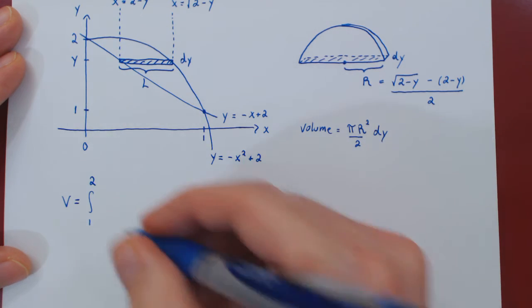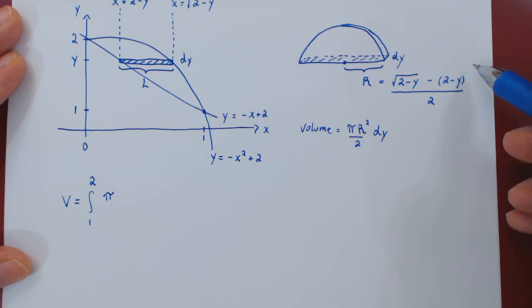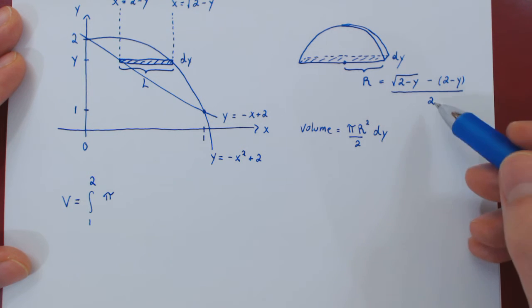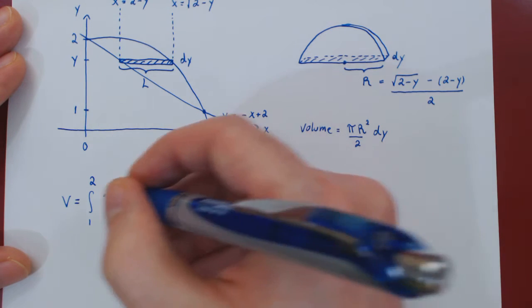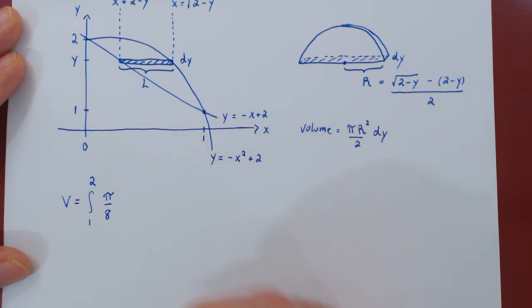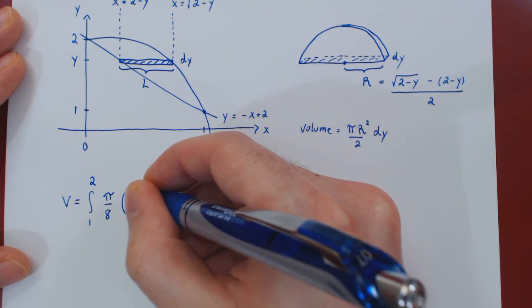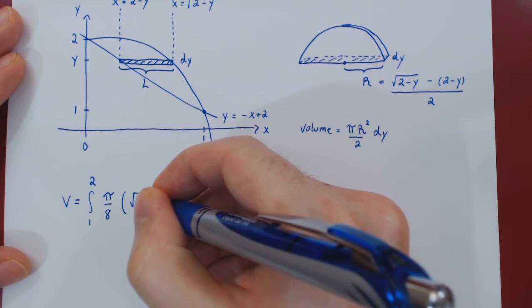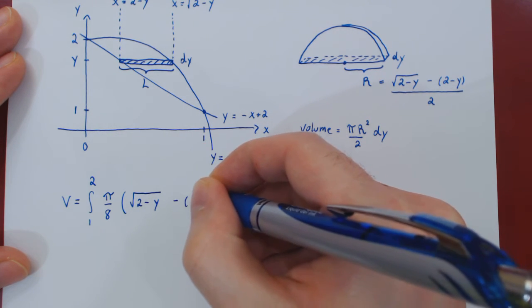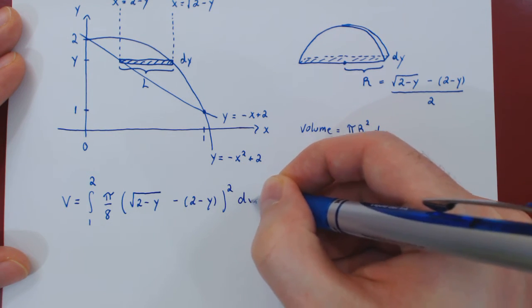So pi over 2. Now if you square this, you get the numerator squared over 4, but 4 times 2 will give you 8, so you get pi over 8. I will leave this all squared, times, of course, dy.